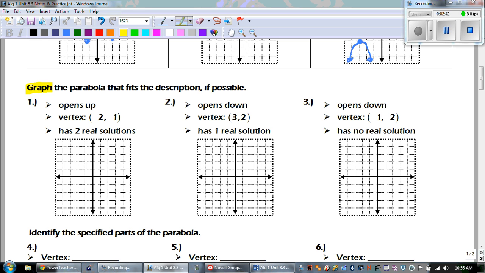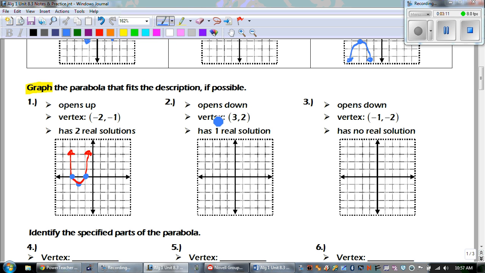Vertex, that's where we need to start, (-2, -1). It's going up, and it needs to have 2 solutions. There we go. Does it meet the criteria? Well, yeah, there's 1, there's 2. There's my 2 solutions.